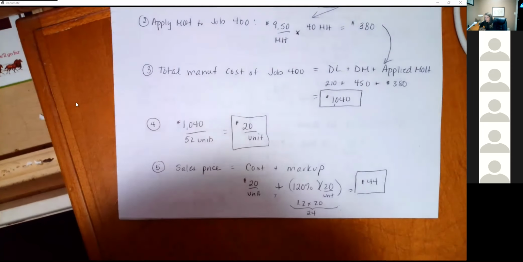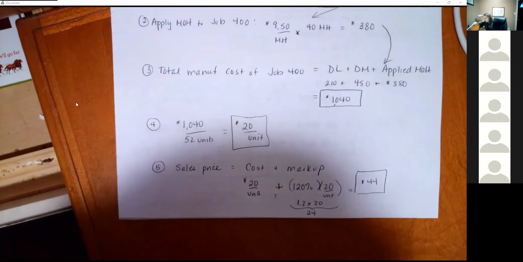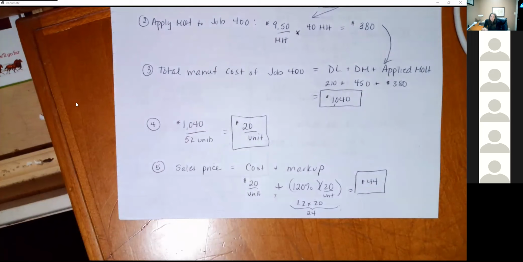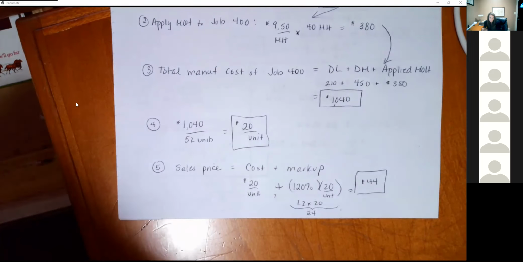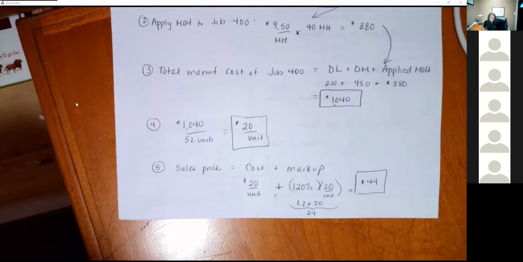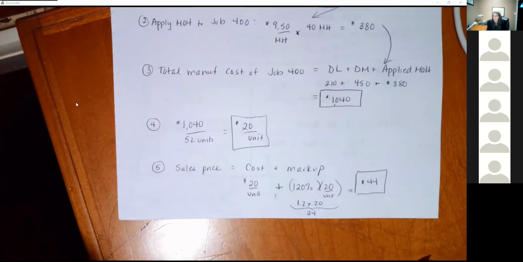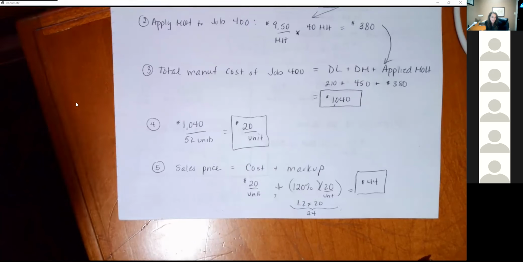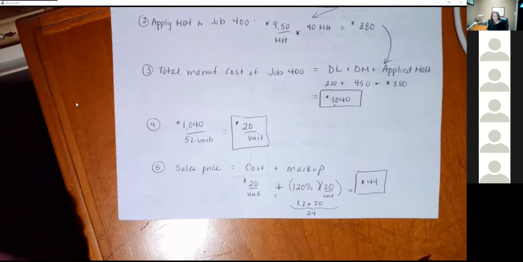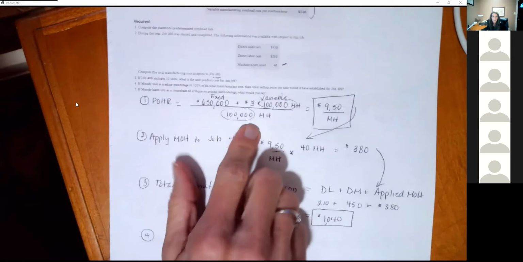And then the last question is just saying, if they hired you as a consultant to critique their pricing methodology, what would you say? Does anybody have any thoughts on how they're pricing their units? No thoughts. So I guess what I would say here is, remember we decided that departmental manufacturing, or splitting things up so that there's a predetermined overhead rate by department, is more accurate than doing it plant-wide, which this one is.